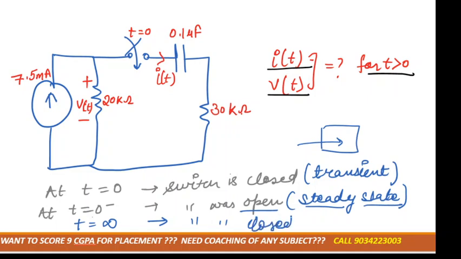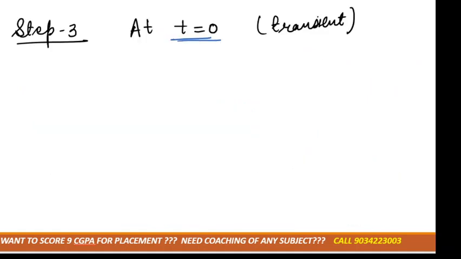It's closed, right? So which condition was that, transient or steady state? Steady state, because you are not changing the switch now. Clear? Now we are going to solve step number 3 at t equal to 0, that is the transient condition.